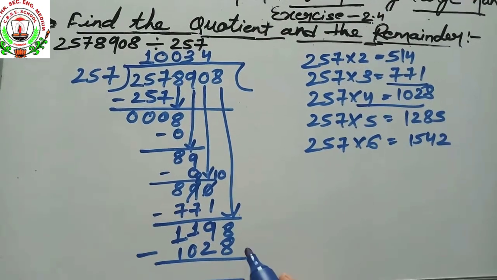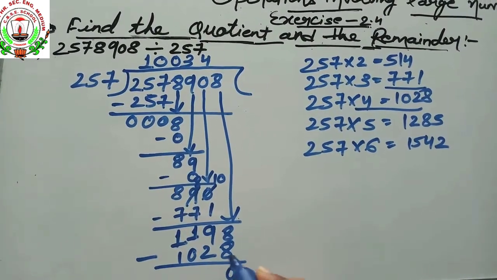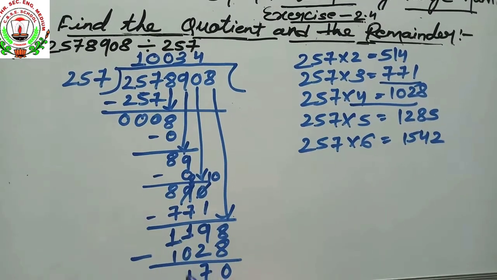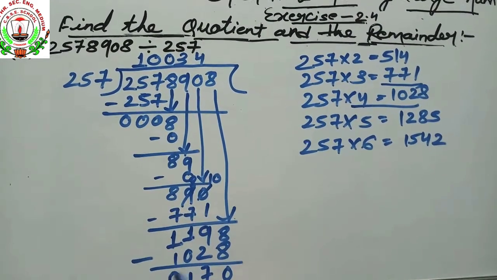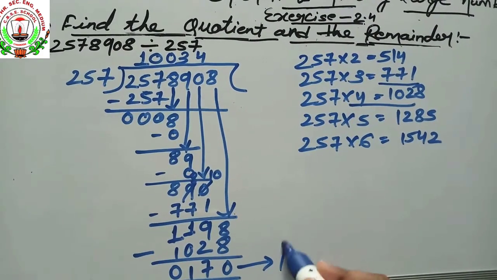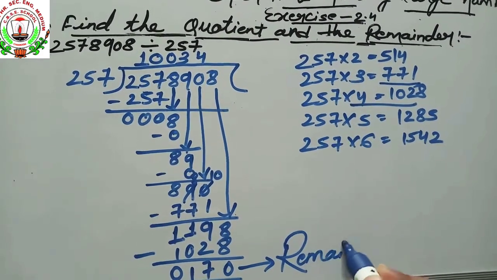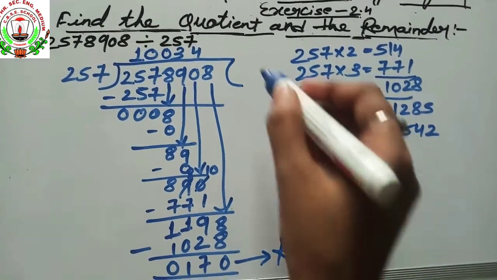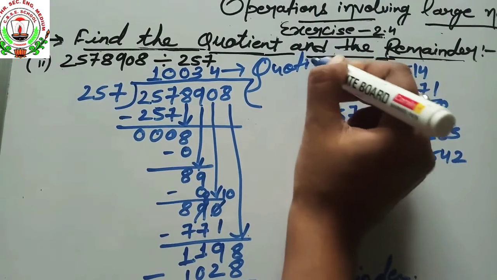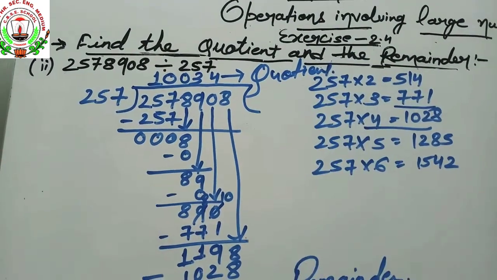Then after subtracting what will we get? Here 0. 9 minus 2 is 7. 1 minus 0 is 1 and 1 minus 1 is 0. So here we have got the value of the remainder and here this is the value of the quotient.